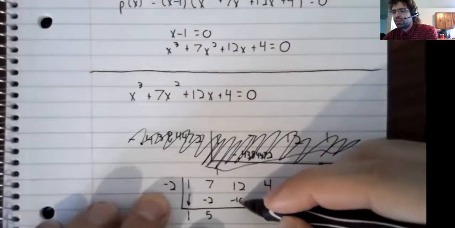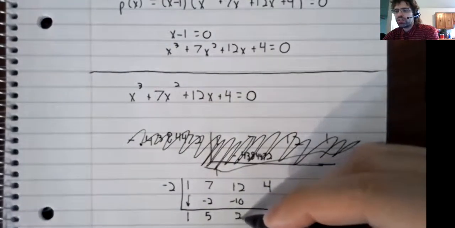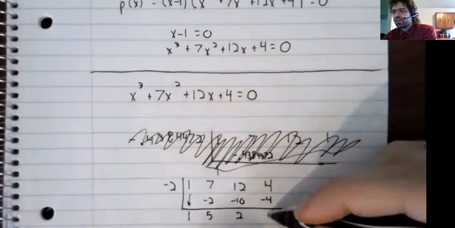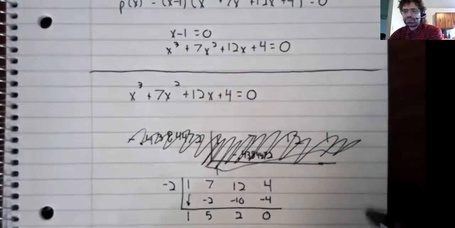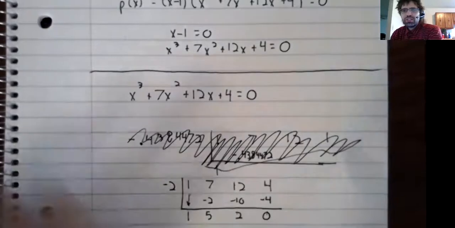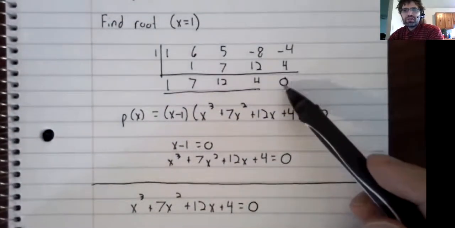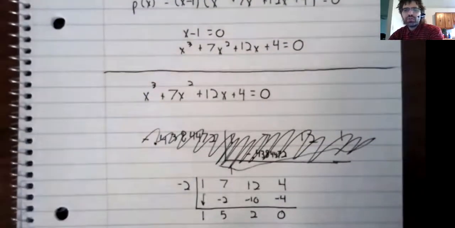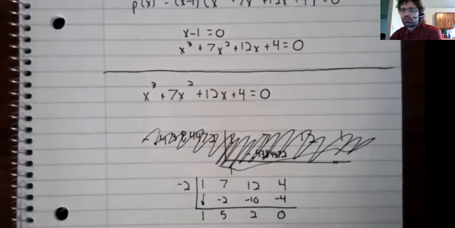Multiplication followed by addition. Multiplication followed by addition. Incidentally, this is the second time we've got a remainder of 0. That's not a coincidence. If you get a remainder other than 0, something's gone wrong.